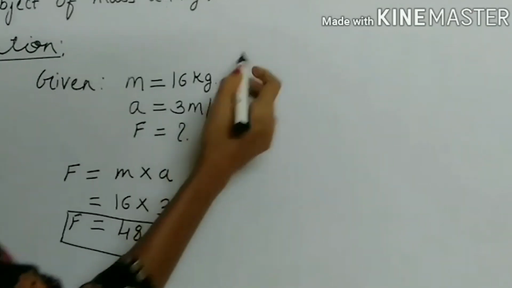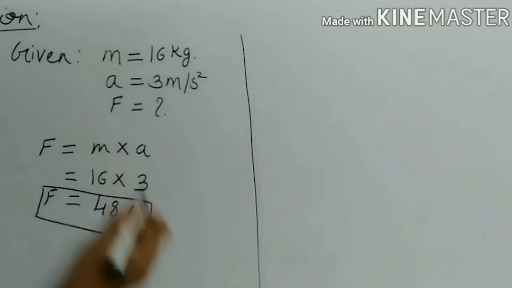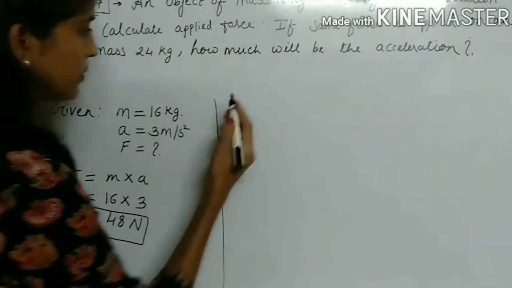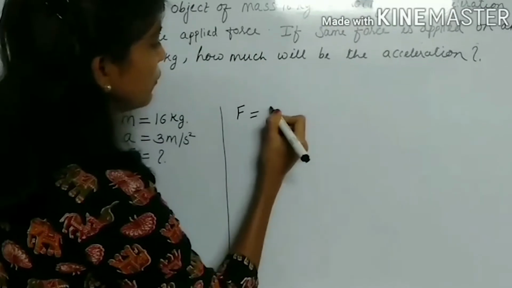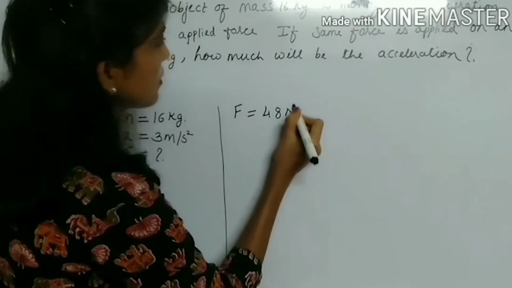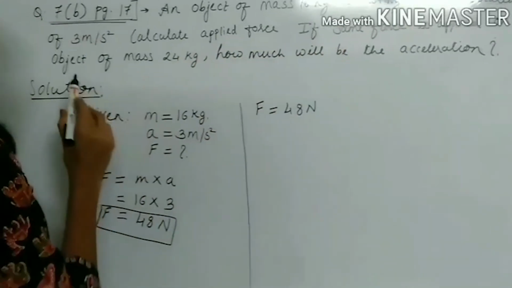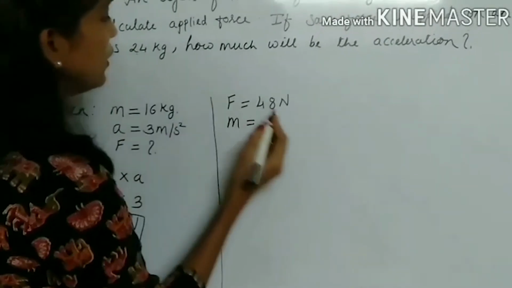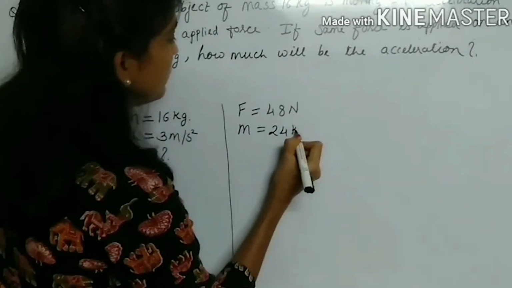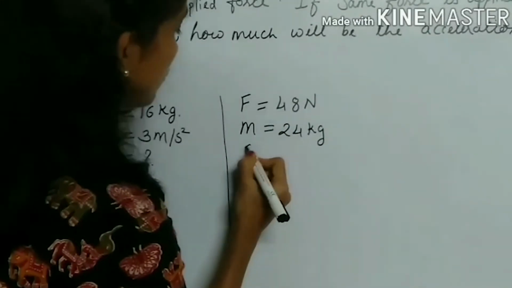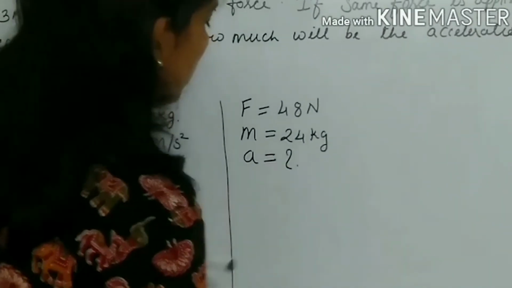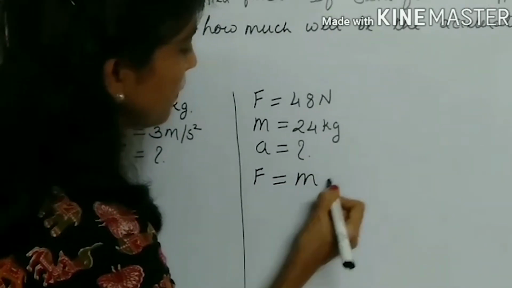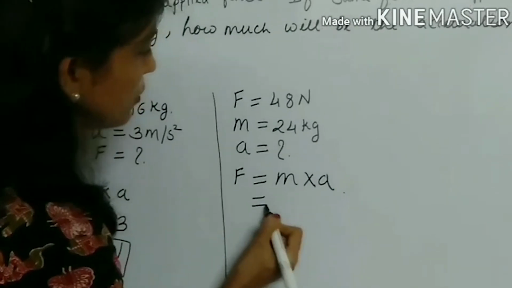Now we will solve next part of it. If same force is applied, so we will take F as 48. F is equal to 48 Newton, which we have got just now. If same force applied on an object of mass 24 kg, how much will be the acceleration? Acceleration is to be found out. So question mark. Again, according to law of motion, force is equal to mass into acceleration. So let us substitute.